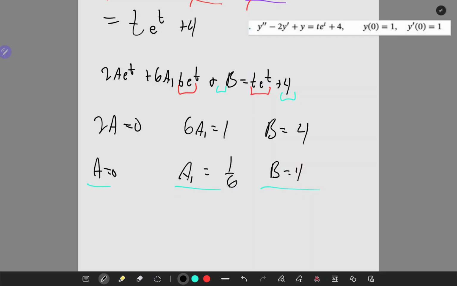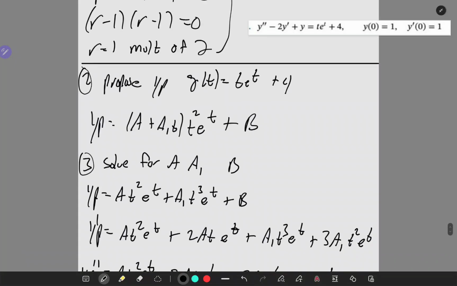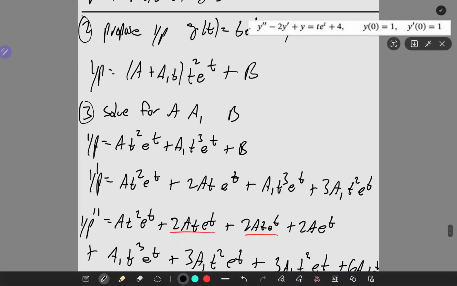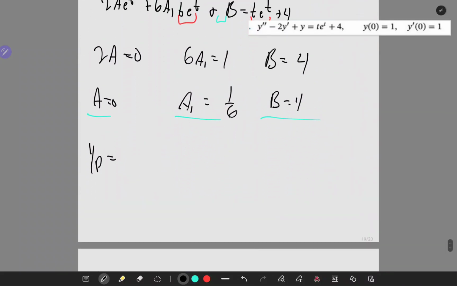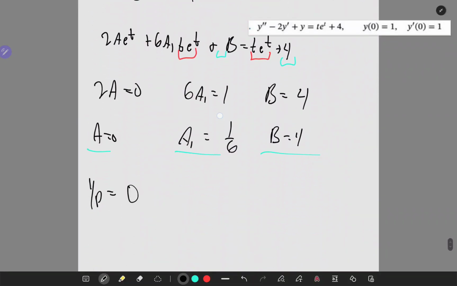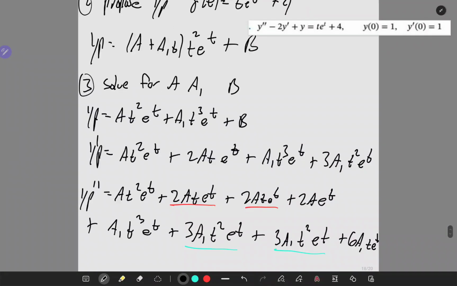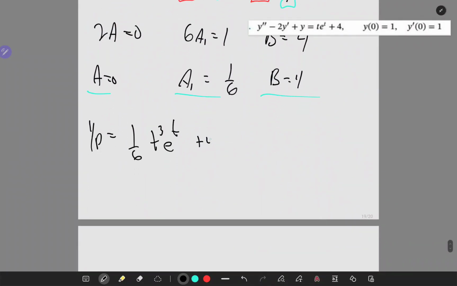Then our y sub p, let me go back up. A t squared e to the t, 0, plus a1 t cubed e to the t, plus b, and let me just make sure that's correct.